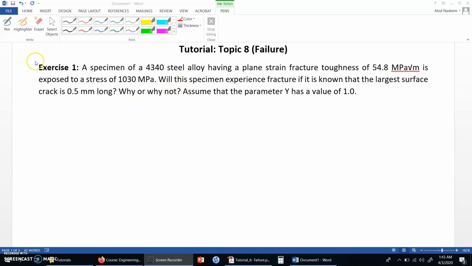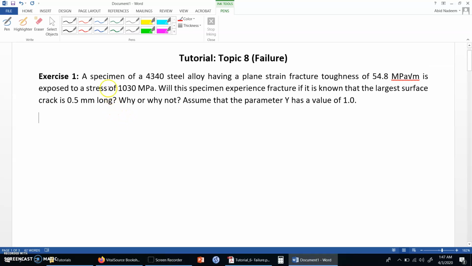Okay, so for the solution of this problem, we can consider this equation: Kc is equal to Y sigma c under root pi a.